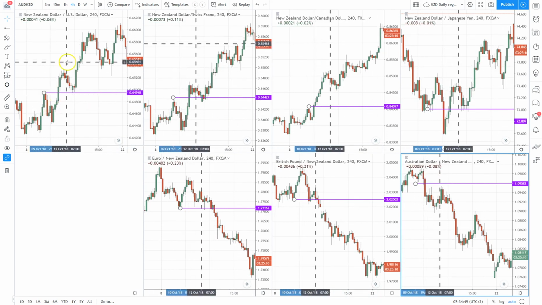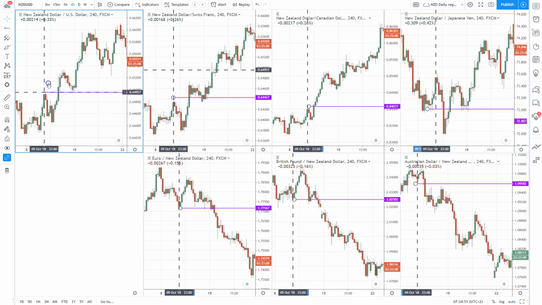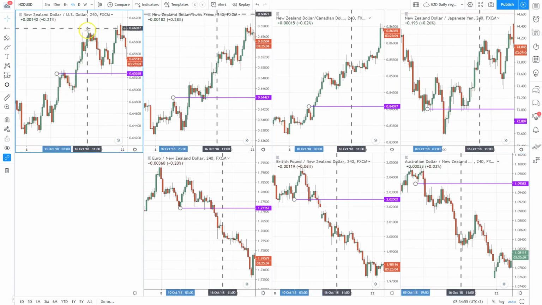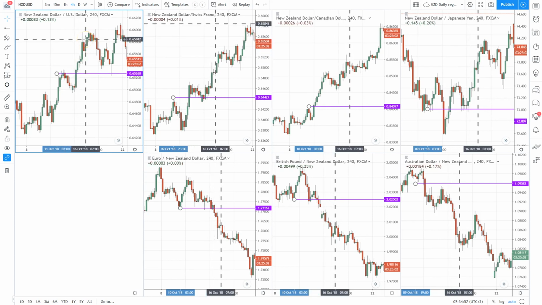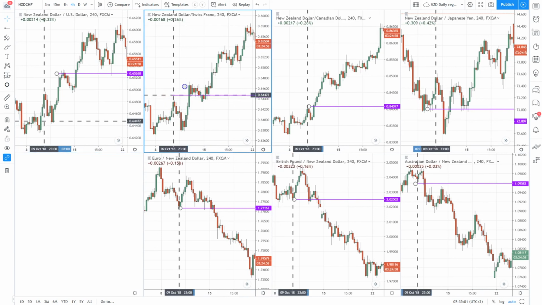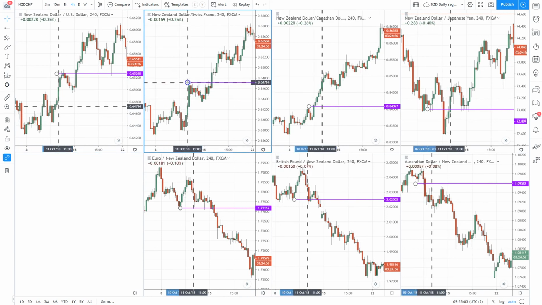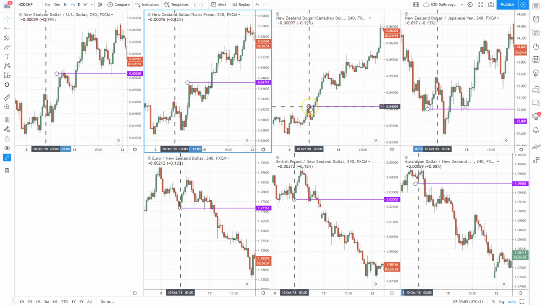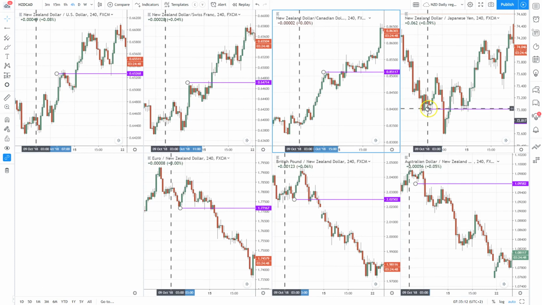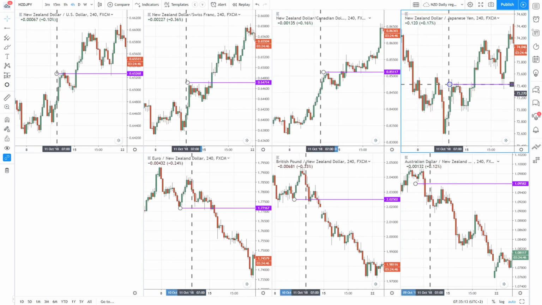Okay, so then we get a next push, and once that push happens, or next territory, next breach, once this breach happens we start to gauge momentum of the pullback. So as this one for here for New Zealand Swiss franc, is this one for New Zealand CAD, and finally New Zealand yen catches up.